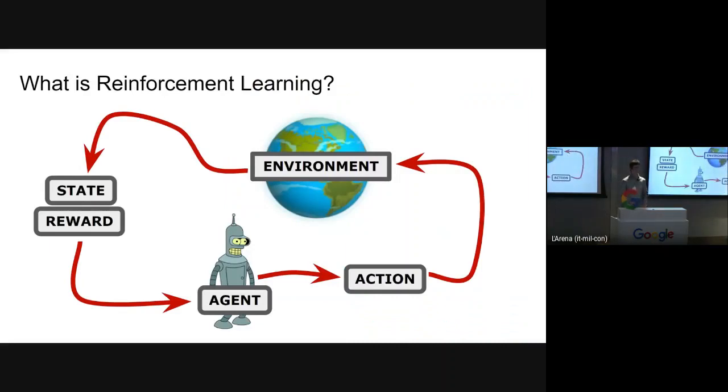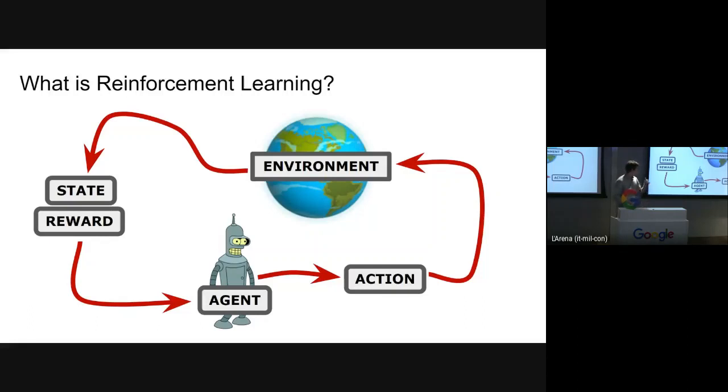What is actually reinforcement learning? So as Wikipedia says, reinforcement learning is an area of machine learning concerned with how software agents act on a certain environment in a way that maximizes some cumulative reward function. What does it mean in practice?